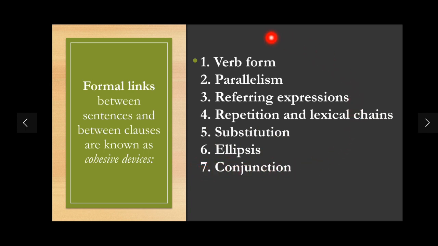So these are formal links, or cohesive devices, which are the features inside the language, and they are used to connect sentences, paragraphs, clauses as well as words. So let's discuss them one by one in detail now.